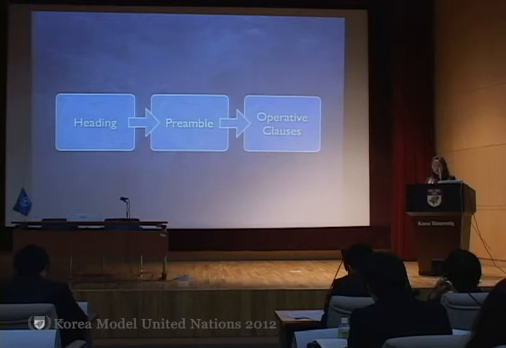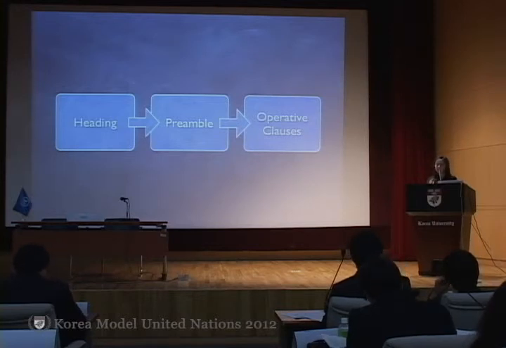It is important to remember, however, that passing a resolution is the very objective of our conference. Also, while multiple resolutions can be introduced, only one resolution can pass per agenda item.